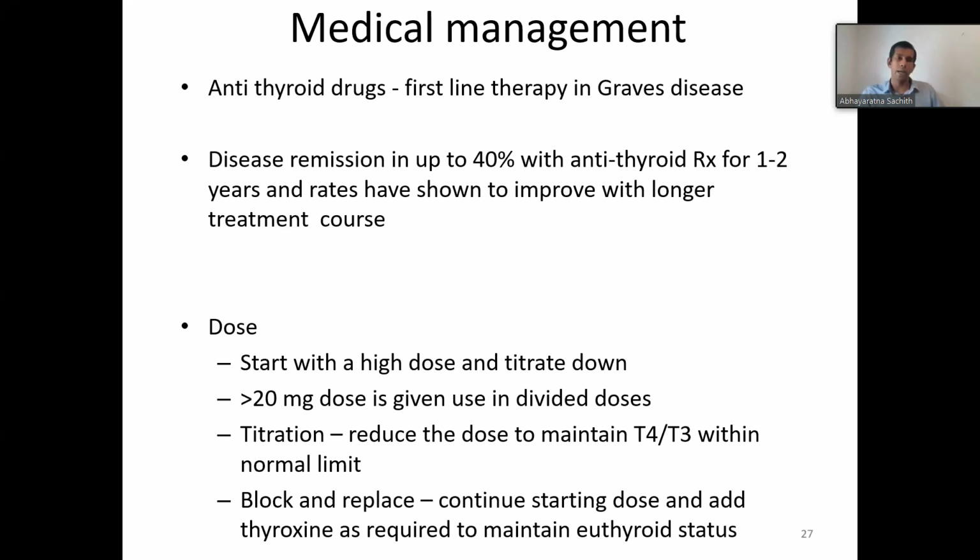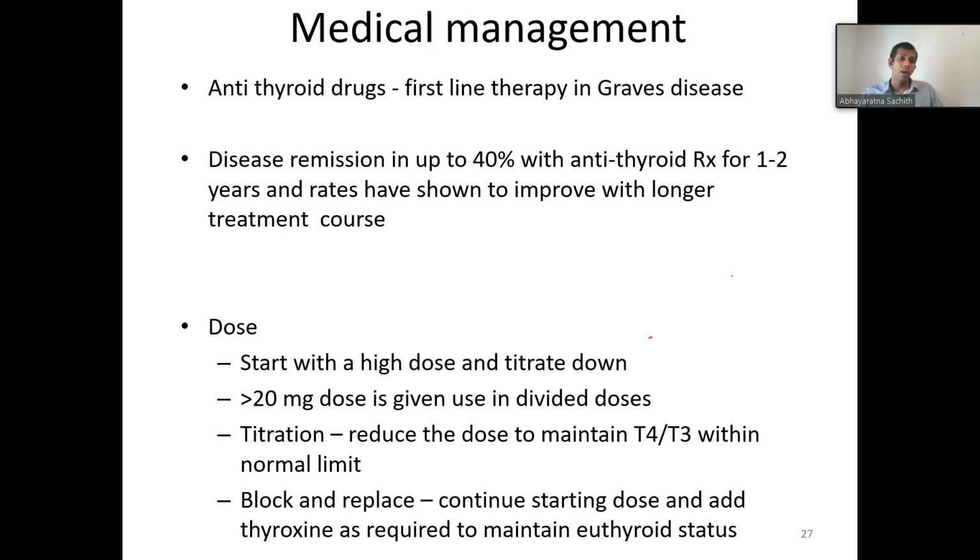But you have to weigh the risk and benefit and decide. Generally, you start with a high dose and then titrate down. It's quite different to the way you start thyroxine, where you start with a normal or low dose and increase, whereas here you start with a higher dose and come down. If you give more than 20 milligrams, generally we give divided doses, but mostly if you give carbimazole, that's a once daily treatment because it has a long half-life and concentrates in the thyroid gland.